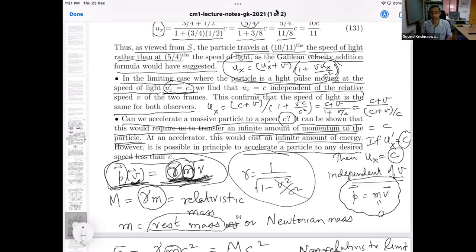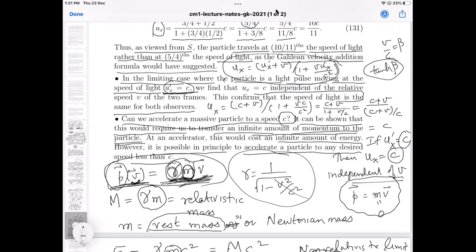If you call V upon C as beta, and then look at tanh beta, the formula becomes simpler in terms of that. Very good observation.